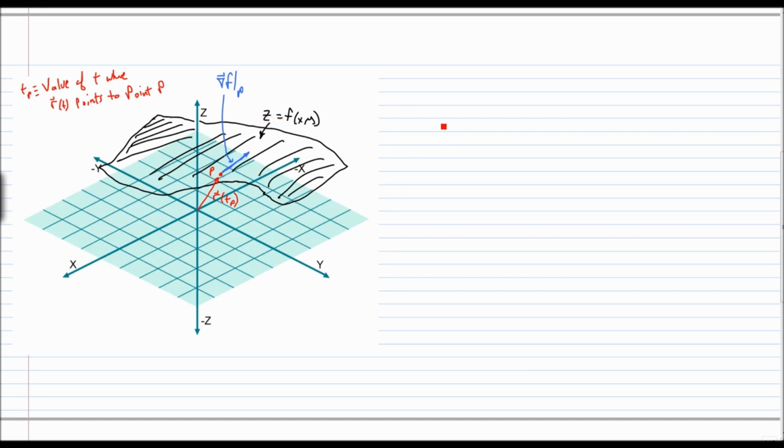So we have this 3-dimensional surface, or you can think of it like this, where you just subtract z from both sides. So that equals 0. And then you can say that the left side of this equation equals some other function of x, y, and z.